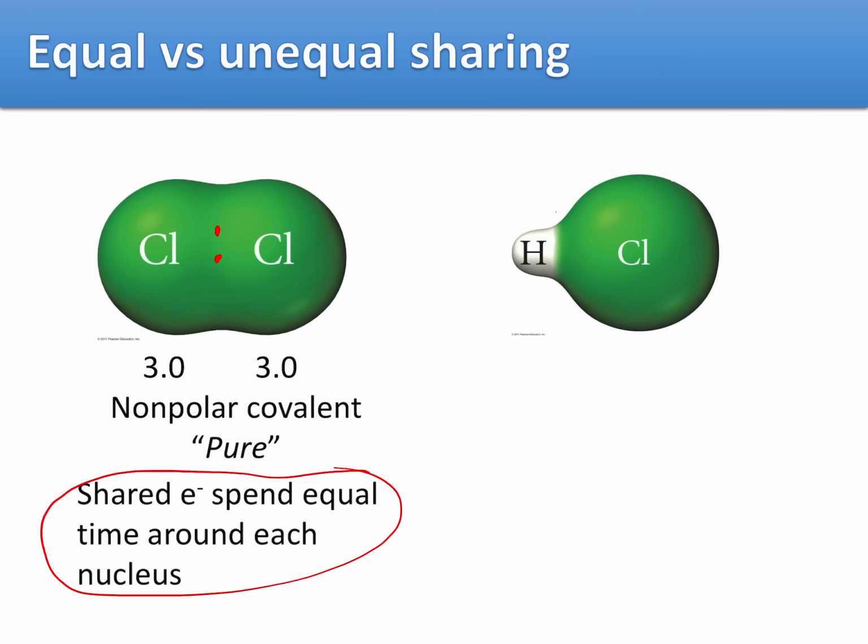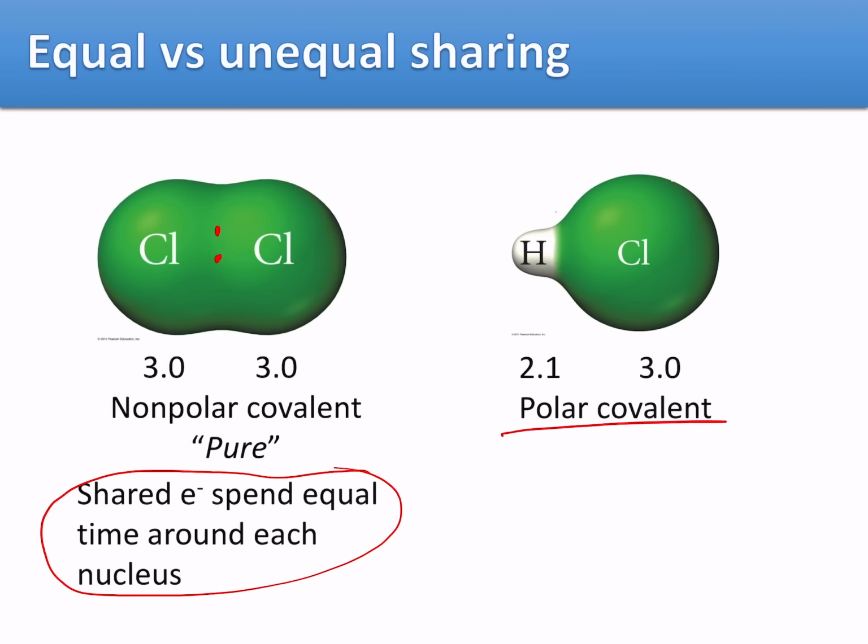Now, unequal sharing refers to when you have different strengths in electronegativity. So in this case, chlorine is more electronegative than hydrogen, so it does a better job at pulling those electrons toward itself, and that's what we call a polar covalent bond.